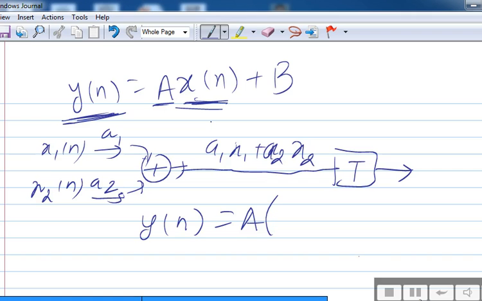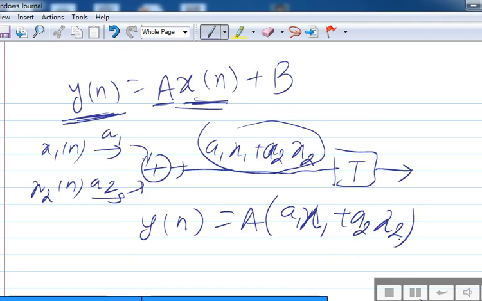Here I am giving the input a1 x1 plus a2 x2. Mind it, in all the notations I am dropping this index n just for writing convenience, and then plus b. So this is y(n).